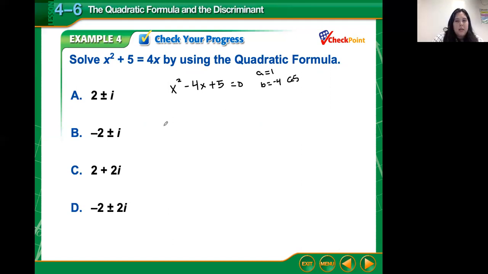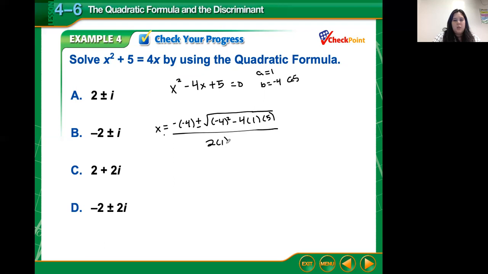So we're going to get x equals -b plus or minus the square root of b squared minus 4 times 1 times 5, all over 2 times a, which is 1.